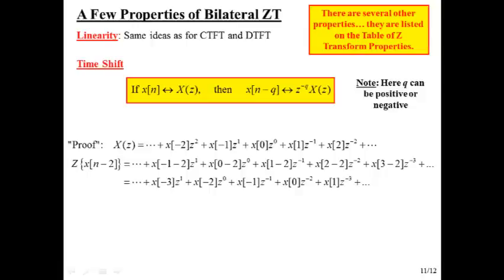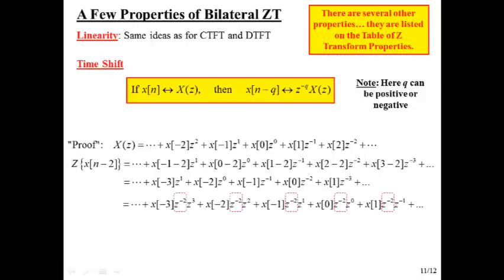So when n is equal to 0, I have z to the 0, but I'm actually multiplying z to the 0 by x of 0 minus 2. So that's x of minus 2. And then you can fill in the other components following the same kind of idea. So no big deal there.